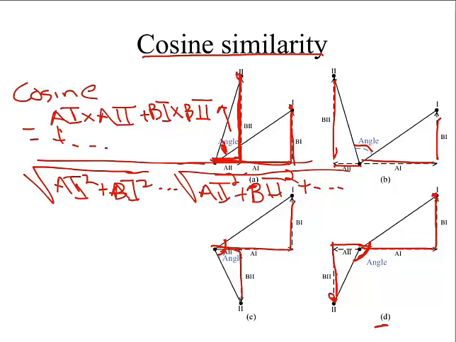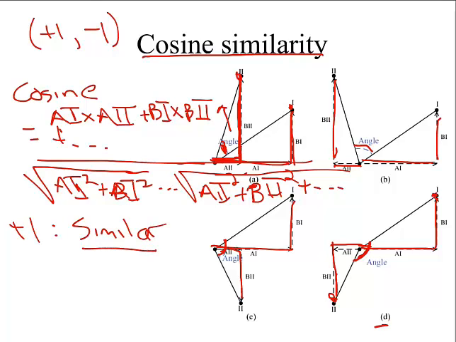This cosine value ranges between +1 and -1. If the cosine is plus 1, then the angle is almost 0 degrees, so plus 1 indicates that they're highly similar or very strongly correlated. -1 indicates that they're highly dissimilar, which is still useful, as we were talking about before, because then we could just predict the opposites for the two users.